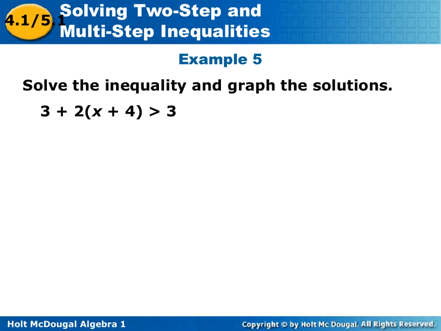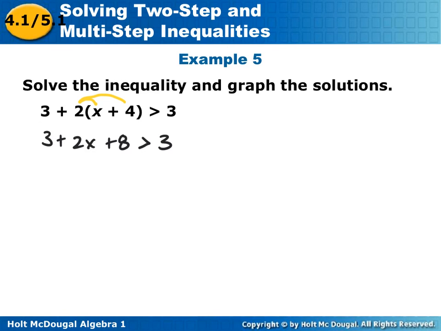Now, this problem's a little bit different because it is considered a multi-step problem. Because before you can do anything, you've actually got to distribute and work some of this math out. So step 1 is actually taking that 2 and distributing it to both pieces. So that means you would have 3 plus 2x plus 8 is greater than 3.